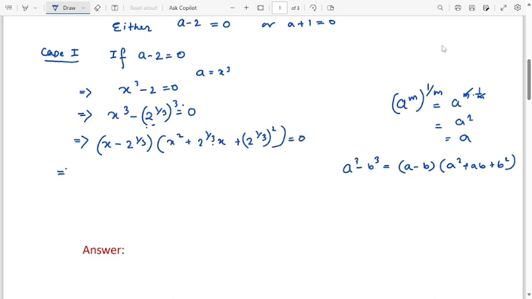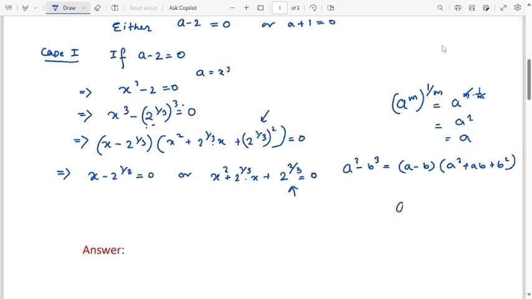Then from here we are getting either x minus 2 to the power 1 by 3 equal to 0, or x square plus 2 to the power 1 by 3 times x plus 2 to the power 2 by 3 equal to 0. Now you can ask me how it will become 2 to the power 2 by 3.